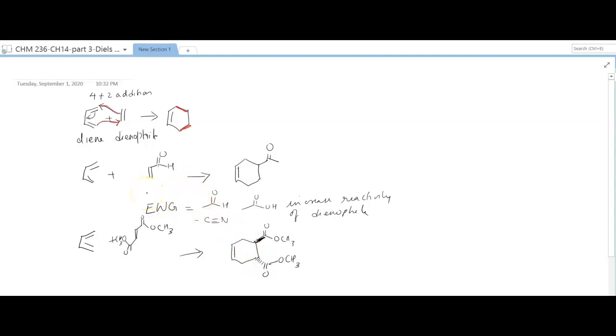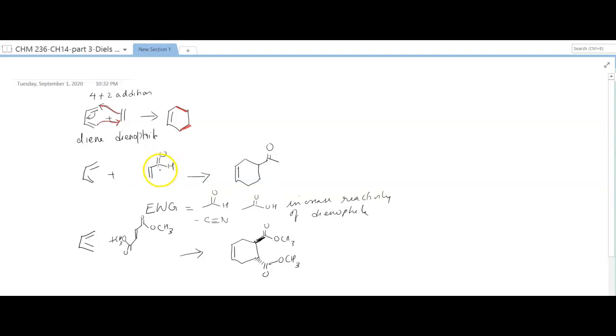They withdraw the electron density from the dienophile and make it more electrophilic, as a result of which the diene, which is nucleophilic in nature, is going to react faster with this dienophile, which has electron withdrawing groups on it.